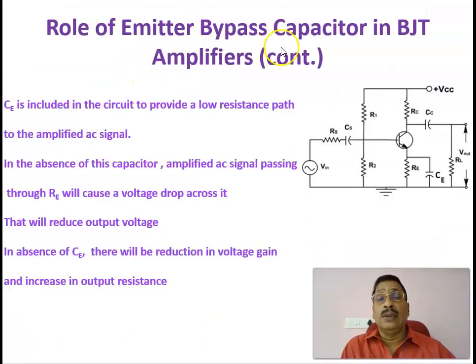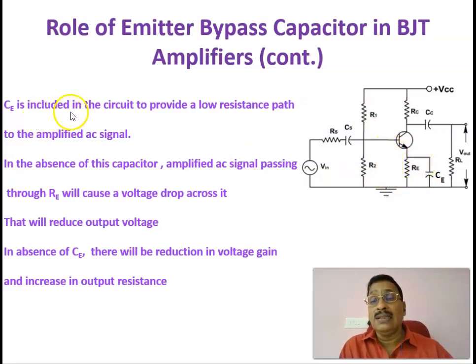Continuing with the role of the emitter bypass capacitor in a bipolar junction amplifier, as I already told in the previous slide, we connect a capacitor across RE to pass the AC component, so that only the DC part of the current, capital IE, flows through RE. The drop is reduced, the negative feedback reduces, and the reduction in gain is reduced.